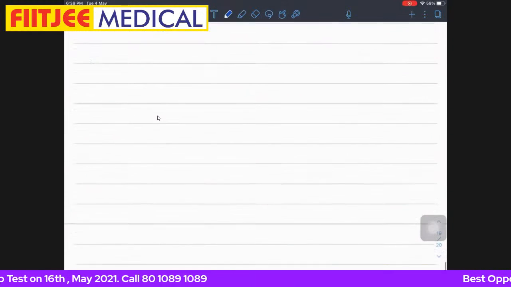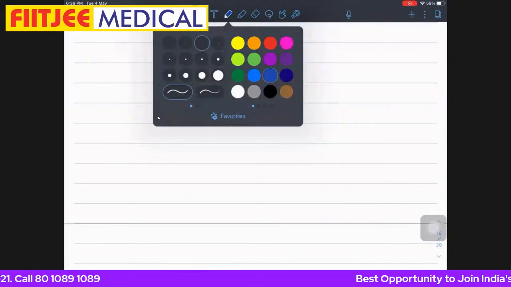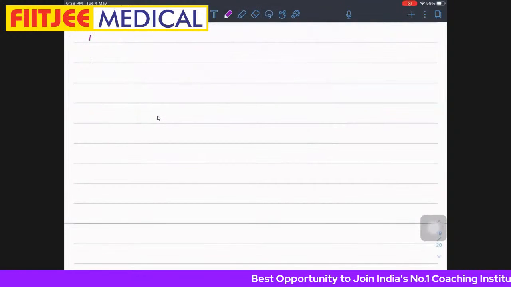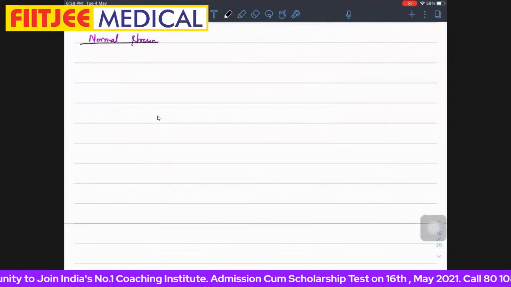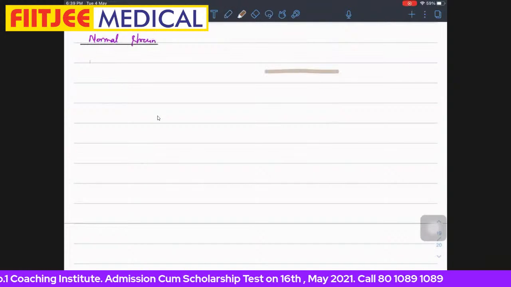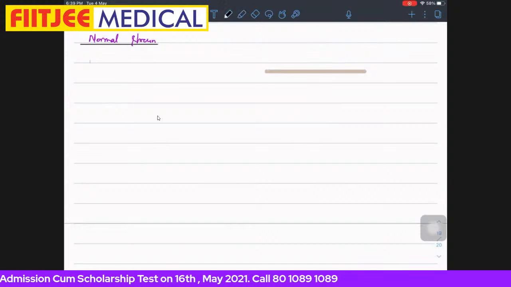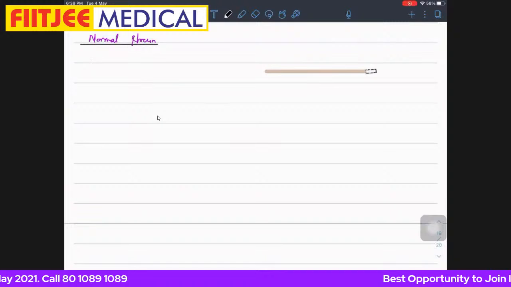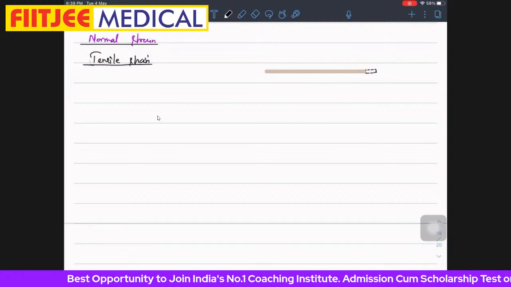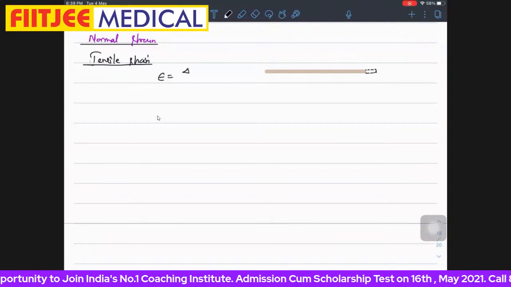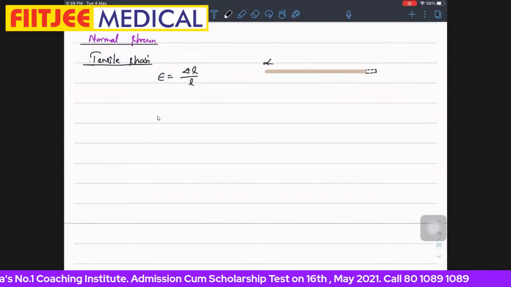So if we see normal strain, the body is there. It might get deformed, if you say tensile strain in this normal strain. So tensile strain we define psi is equal to delta L by L. What is L here?